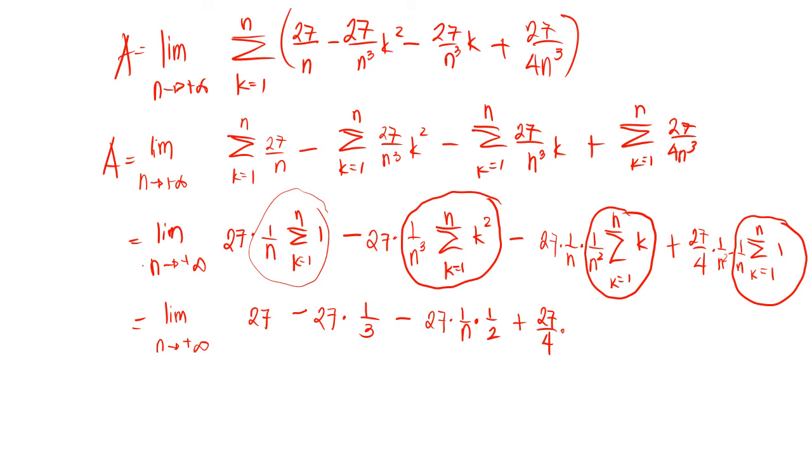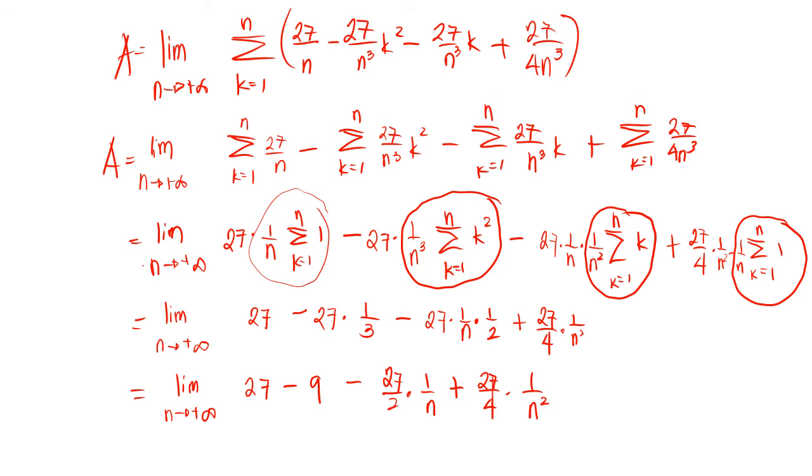So, matitira, 27 all over 4 times 1 all over n squared times 1. So, that is equal to limit as n approaches positive infinity ng 27 minus 27 all over 3 is 9 minus 27 all over 2 times 1 all over n plus 27 all over 4 times 1 all over n squared.